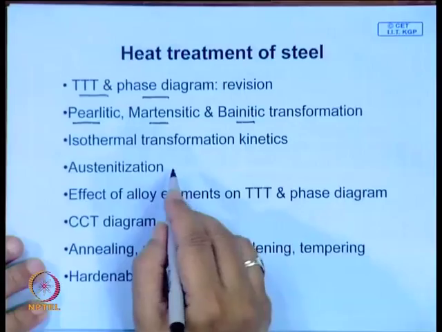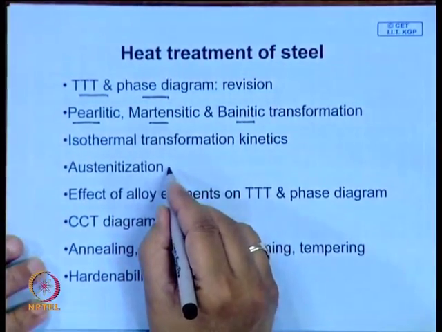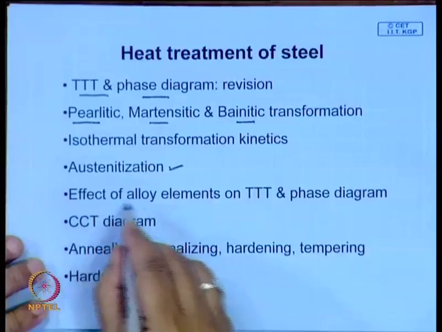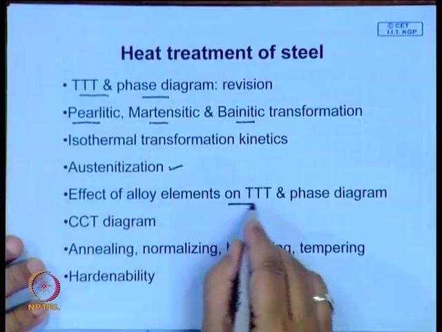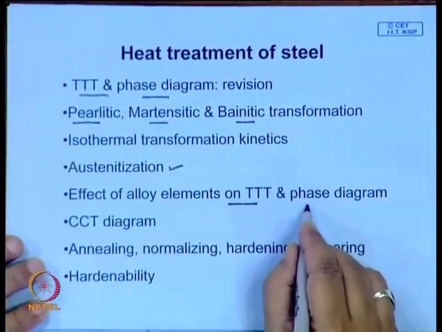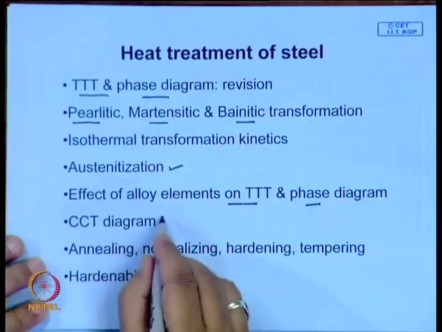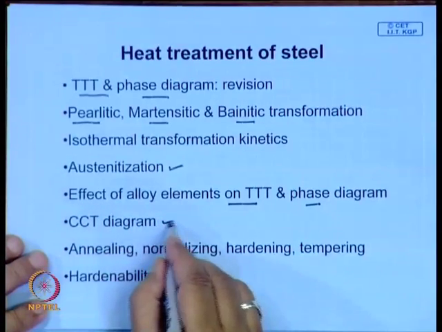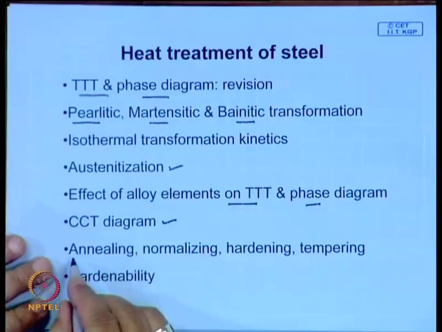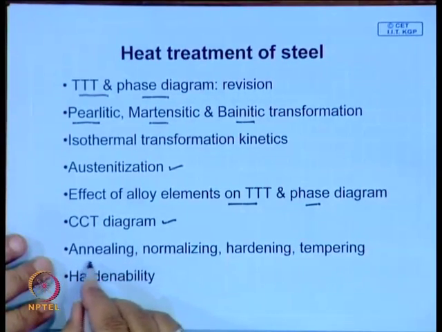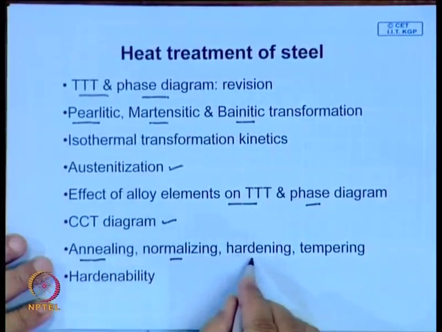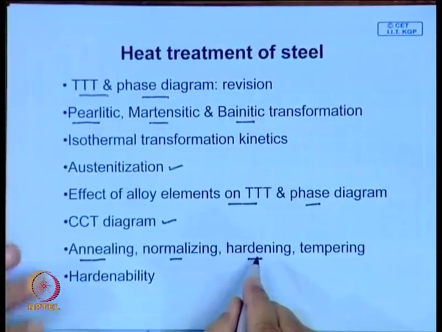Today we will look at the process of austenitization. We will look at the effect of alloy elements on the TTT and phase diagram, and we have also looked at the CCT diagram already. And last class we introduced three common heat treatment processes: annealing, normalizing, hardening.